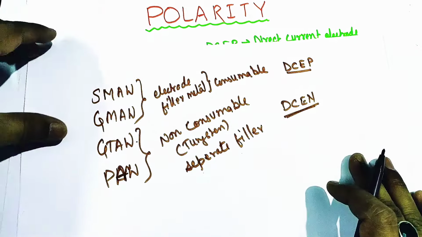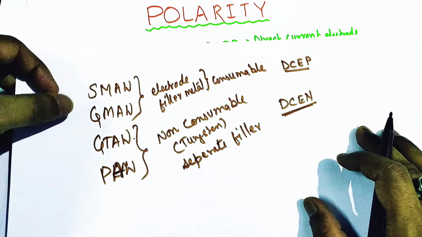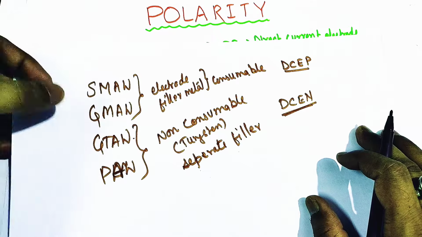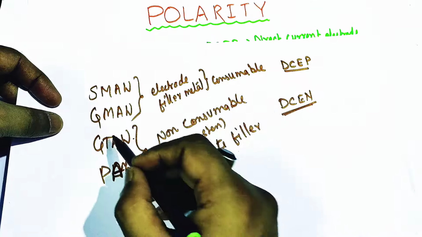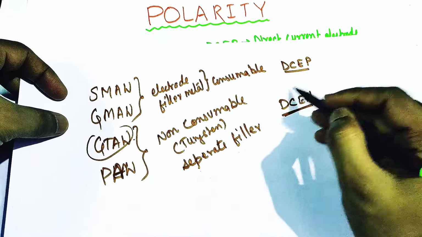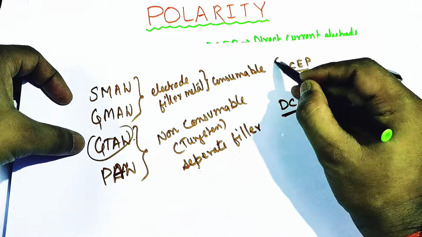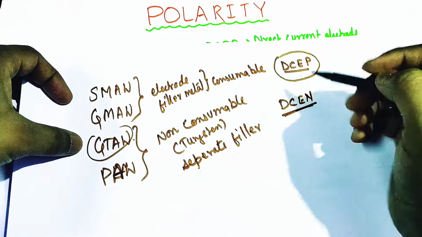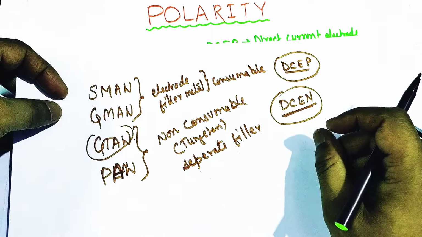So friends, this was as a general practice. If asked during an interview what is the difference between other arc welding processes and TIG welding or plasma arc welding, then you can give this reply that in other popular arc welding processes, we use DCEP polarity, whereas in TIG welding or plasma arc welding, we use DCEN polarity.